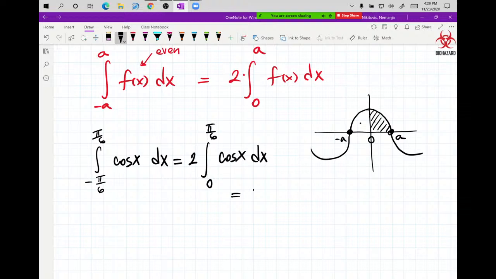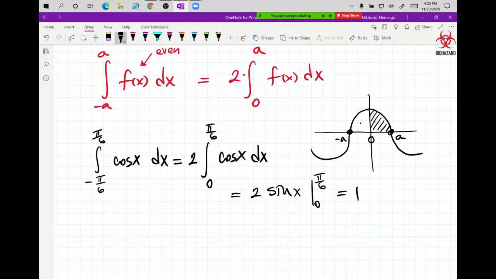So the integral of cosine is sine, so you have 2 sine x from 0 to pi over 6, which works out to be 1, because sine of pi over 6 is 1/2 and then times 2. So it's a really cool thing. Integral of cosine is positive sine, and then you have your 0 to pi over 6, sine of pi over 6 is 1/2 times 2 is 1.